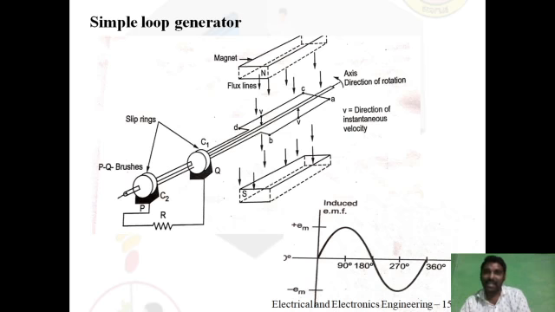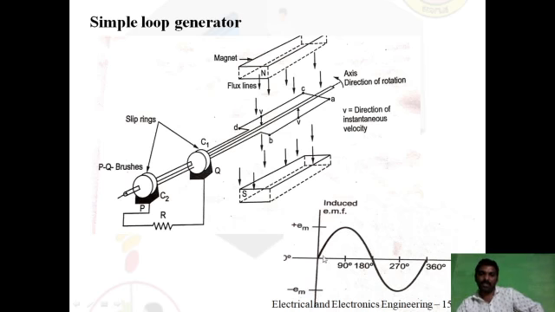So here it is a mechanical input. How will we rotate the conductor? With the help of prime movers. The input is mechanical energy. The output is the type of waveform we will get. Let us see how we will get this type of waveform.